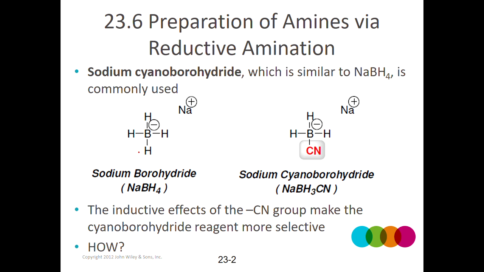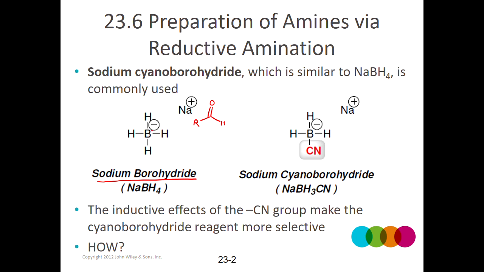We saw earlier in the semester, and also last semester, sodium borohydride used as a reducing agent. If you recall, this was mainly used to reduce ketones and aldehydes. It works similarly to lithium aluminum hydride, but it's not as strong or reactive or unstable as LAH.